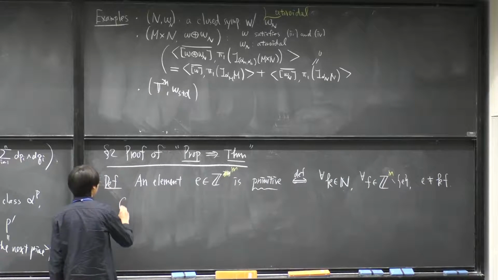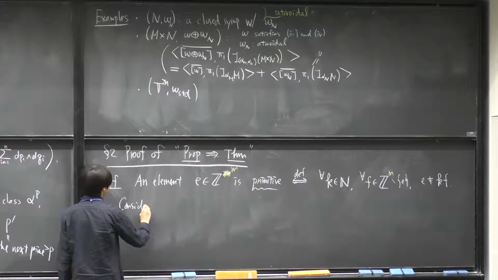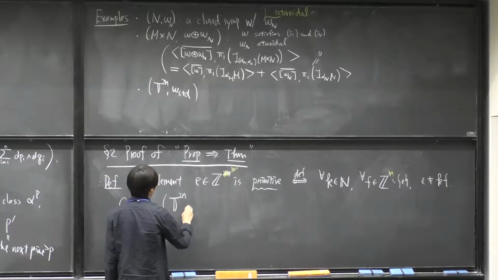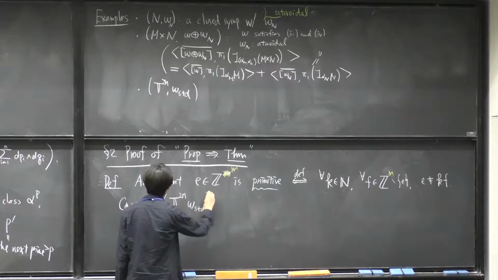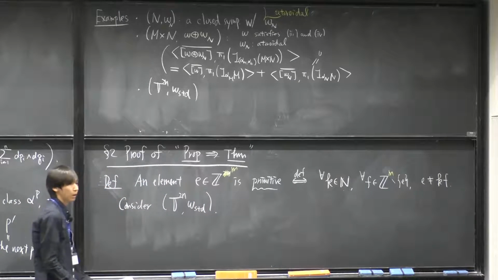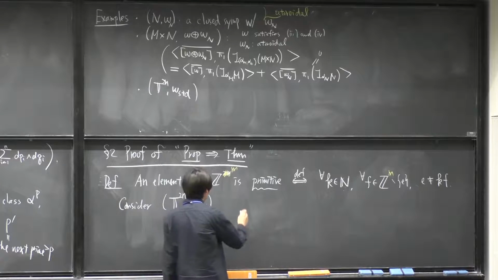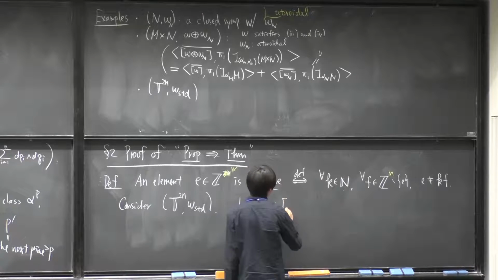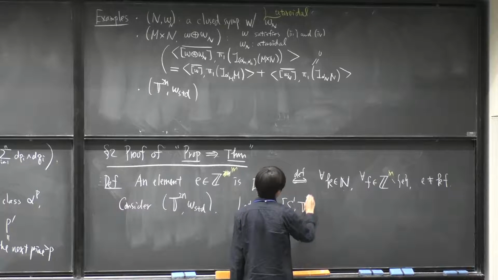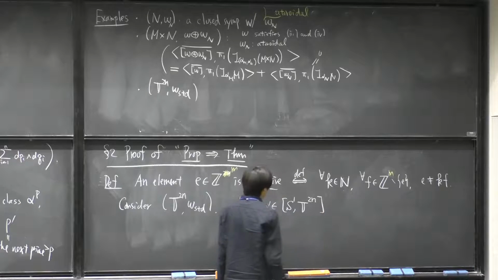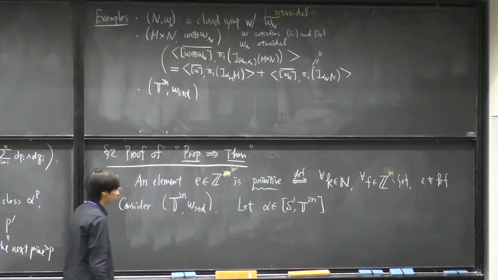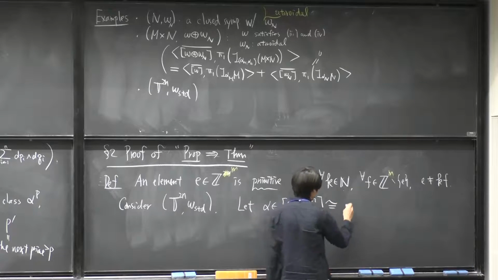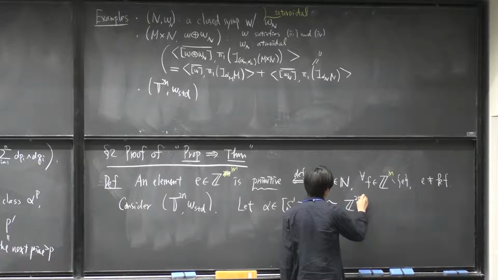And now we consider the standard symplectic torus. And let alpha be a free homotopy class in the torus. This is isomorphic to Z2M.